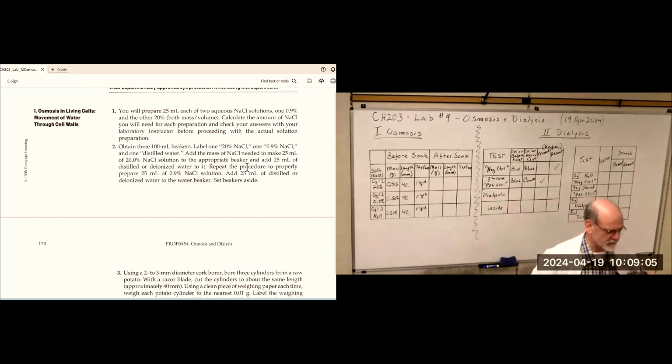A little too much salt. Okay, what's next? Take them out of the water bath, turn it off, but keep them for reference. Okay.